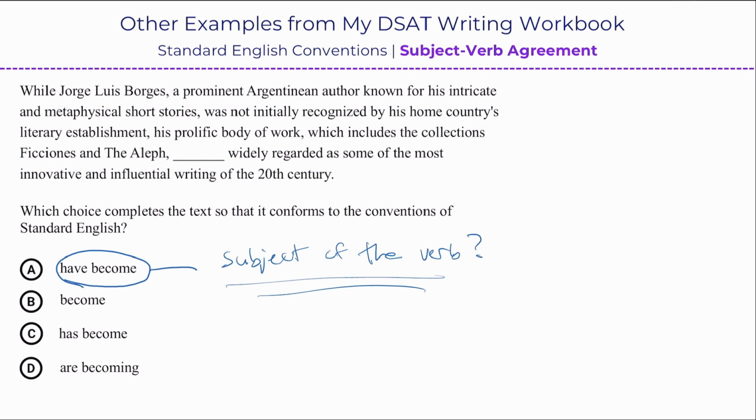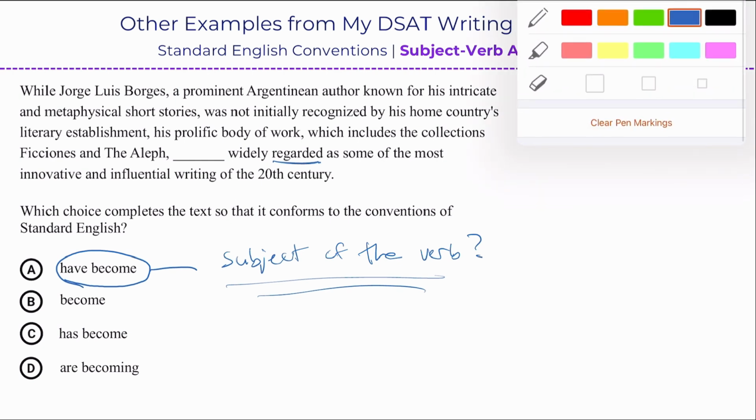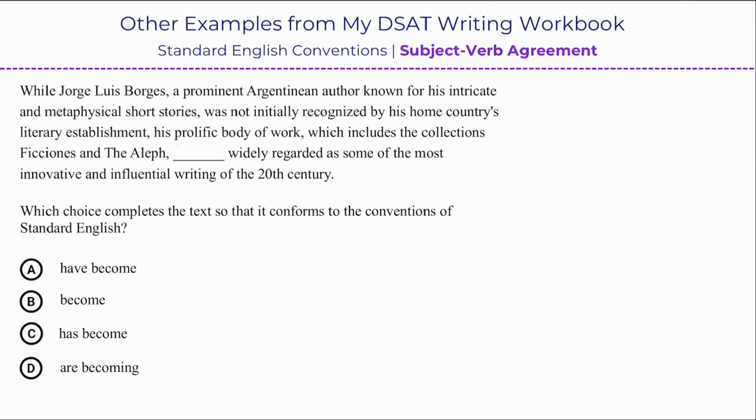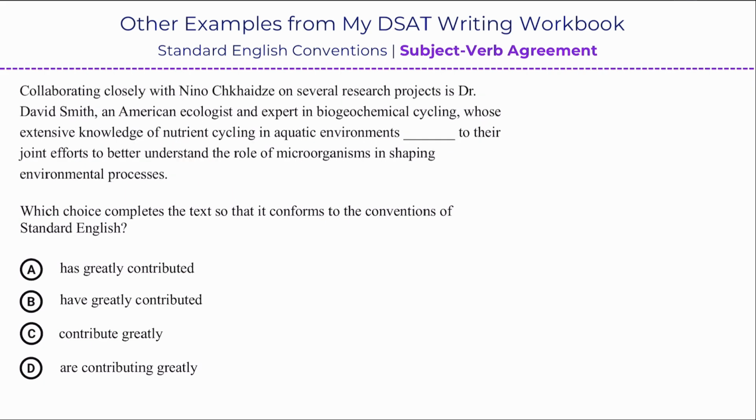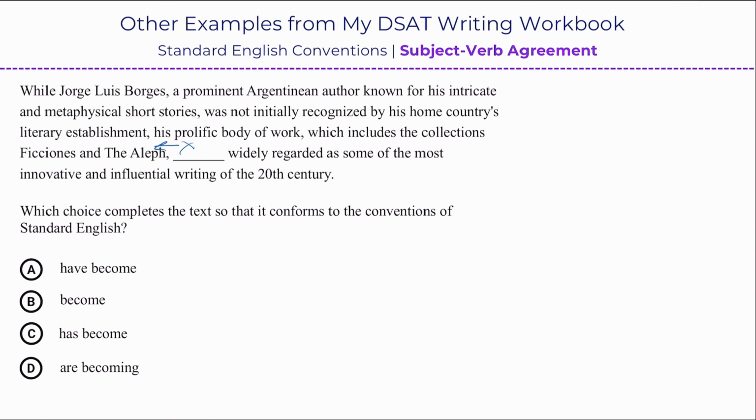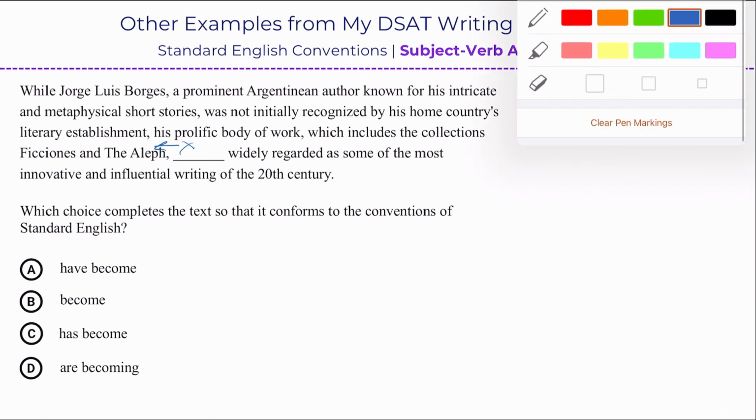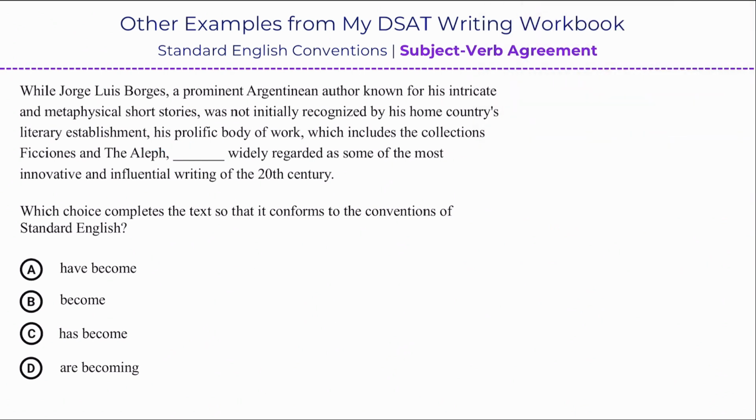Now again, when you're looking for the subject of the sentence, you guys, don't go backwards from the verb. Don't go backwards from the verb, right? Instead, you want to go back to the beginning of the sentence and then go forward. Because I kind of already did this, while Jorge Luis Borges was initially recognized by his home country's literary establishment.